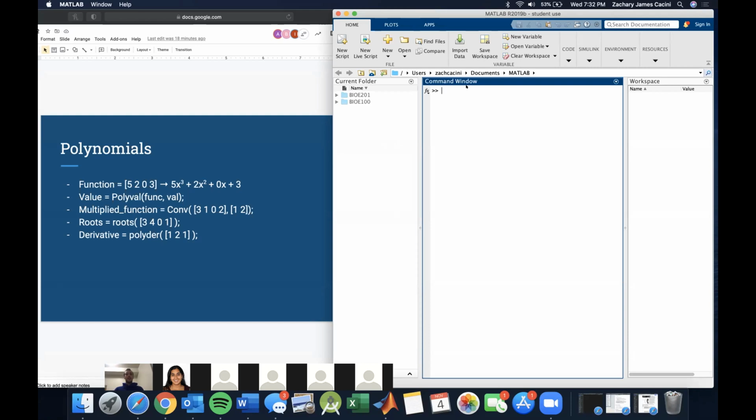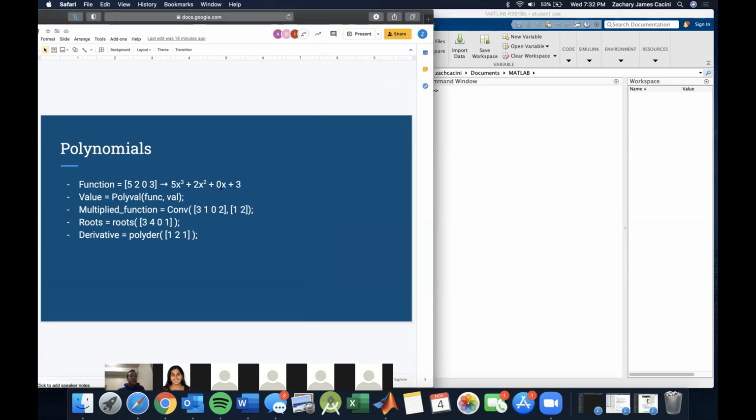So, first you input polynomials as a matrix of this form. The 5 corresponds to the x cubed, the 2 corresponds to the x squared, 0 to the x, and 3 to the x to the 0, just the number. MATLAB will recognize this and knows that you're inputting in this format.